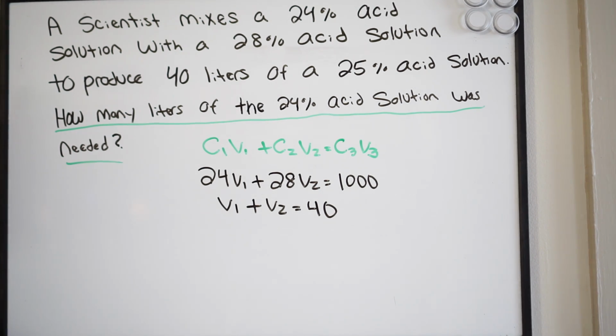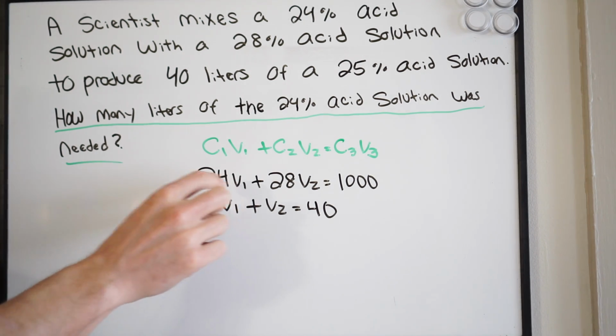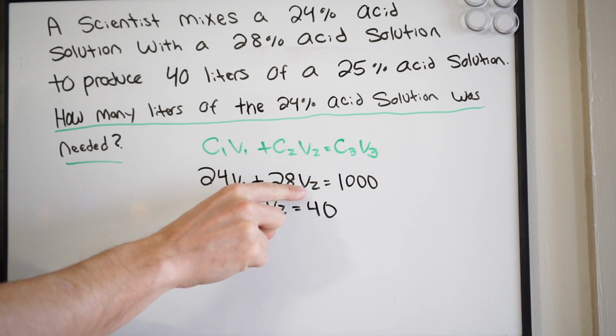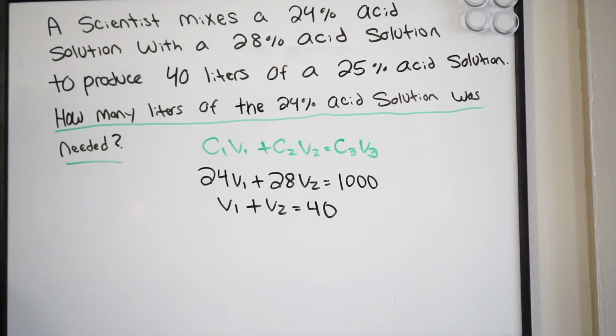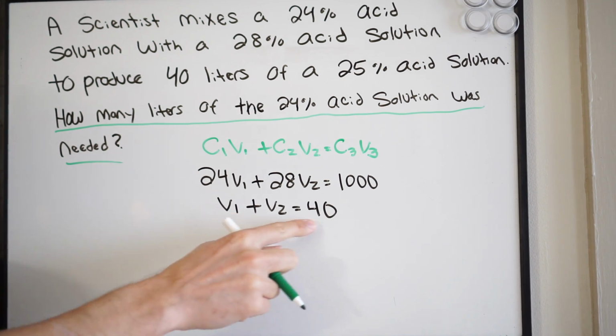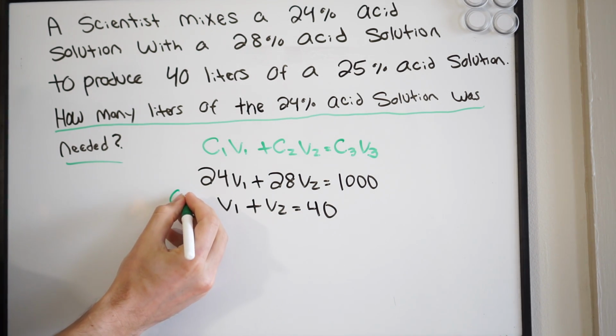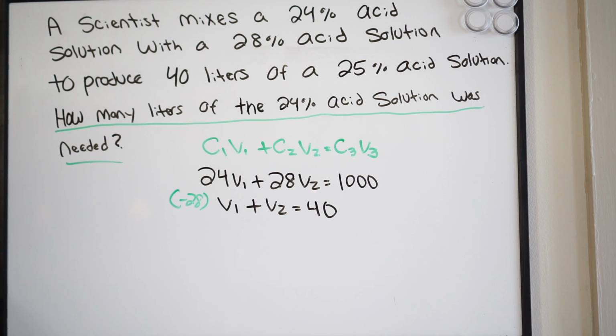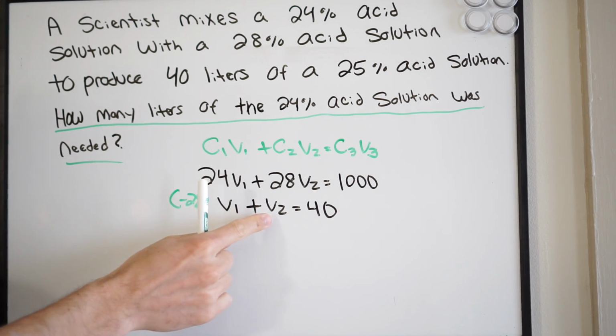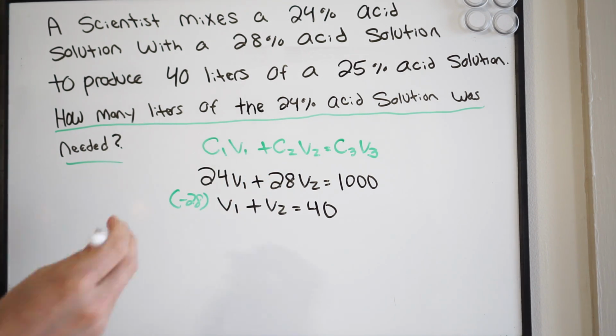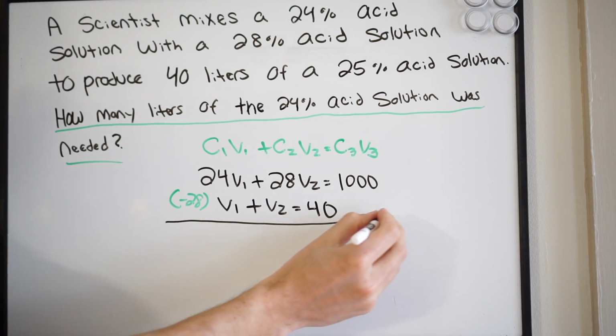Now, there's a couple of ways you can go about doing this. You could use substitution, or you could use elimination. Me personally, for this problem, I would use elimination. Seems a bit easier. So remember, we want to solve for V1, meaning we want to eliminate V2. So in order to eliminate V2, we need to multiply this entire equation by negative 28. Again, because that will help to eliminate V2. So I'm going to rewrite this whole thing.